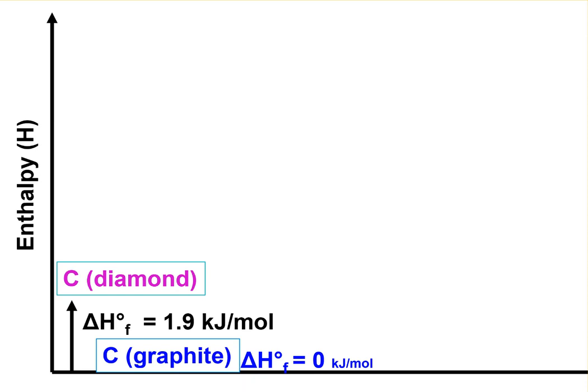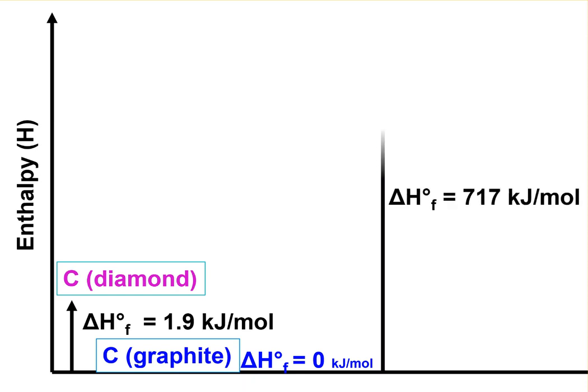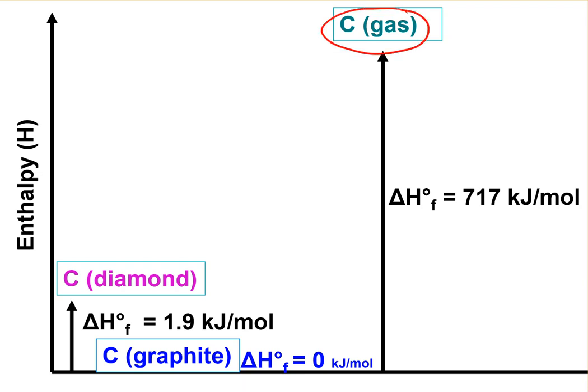Imagine a really unstable type of carbon. That would be carbon that's a gas. It's going to take a lot of energy to go from graphite and heat it up and get it to be in the gaseous form. And so the heat of formation for carbon as a gas is a really big number.